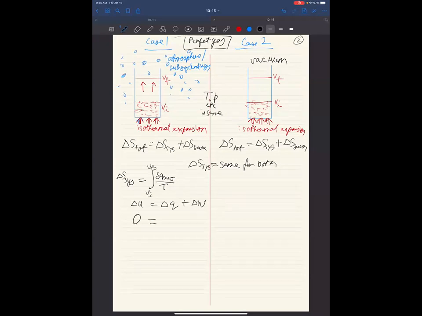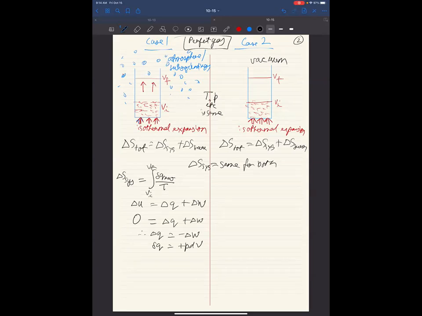Maybe you guys have now understood this too well. Normally in the previous classes, when I asked for delta U, isothermal, people say zero anyway, perfect or imperfect. But for perfect, it is zero. So delta U is zero, equal to delta Q plus delta W. Therefore, delta Q is equal to minus delta W, or delta Q is equal to plus PdV. Okay.